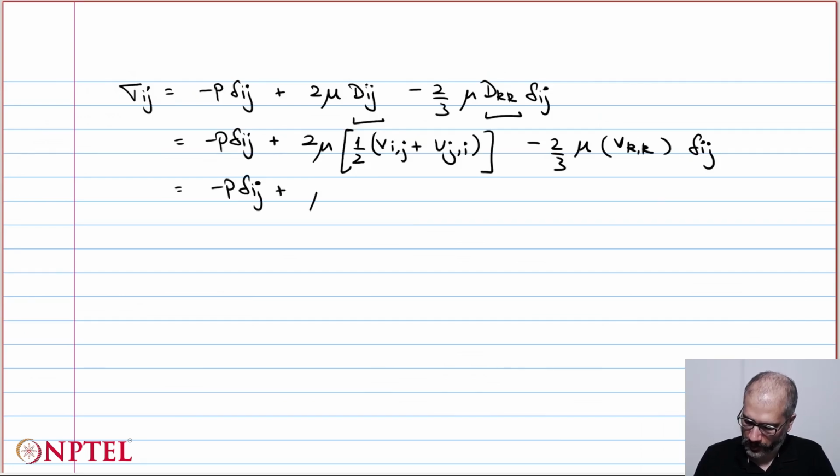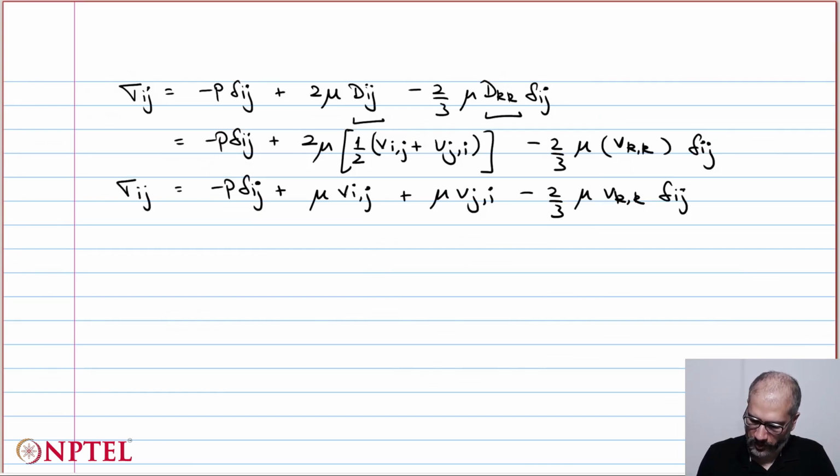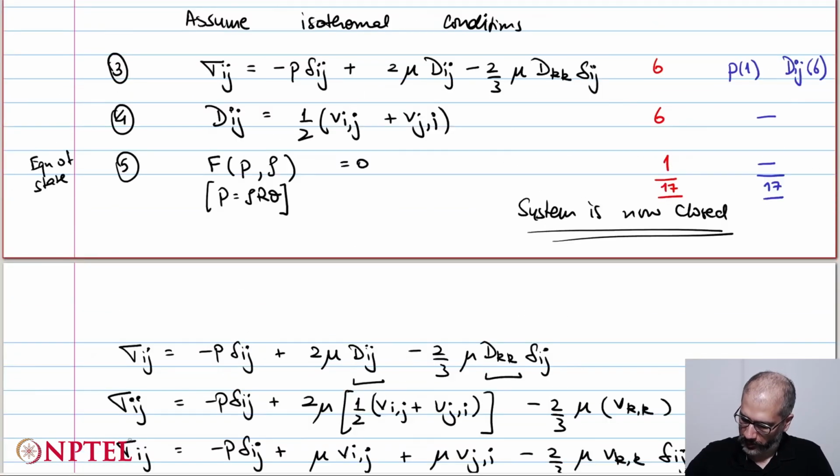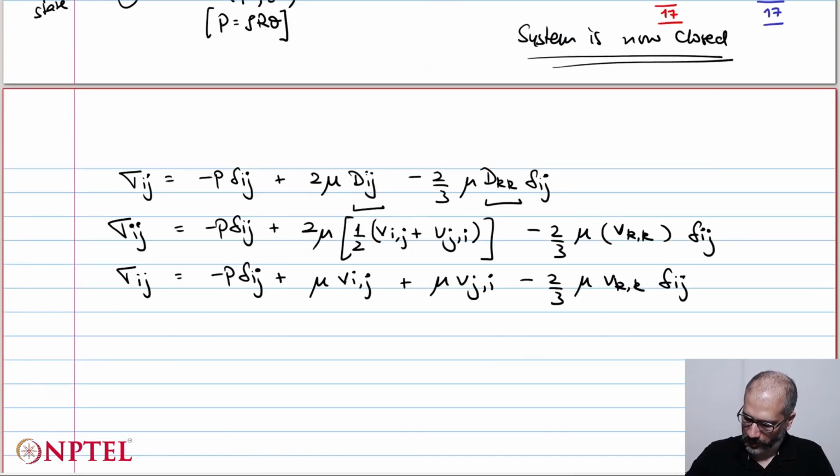So this becomes mu times v i comma j plus mu times v j comma i minus 2 by 3 mu v k comma k times delta ij. So that is our sigma ij. So earlier we had called the sigma ij equation as 3, that is here. So I'll now call this as 3 prime.